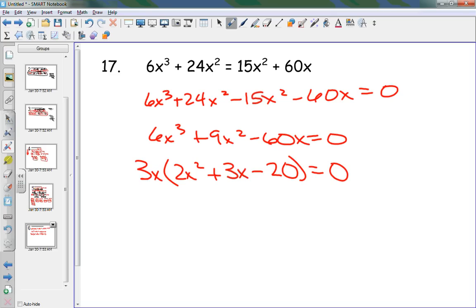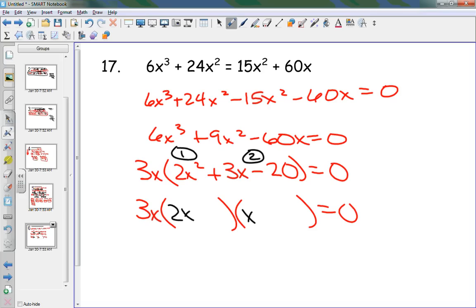Factor into binomials. 3x, 2 parentheses. I need to factor 2x squared into, how do I split 2x squared? 2x next. I need to have a negative, so what's that going to be? Plus minus. I need to go ahead and have a positive 3x and factor to 20.